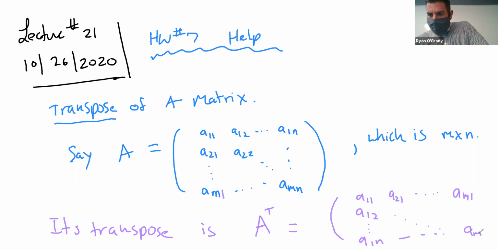So again, this definition looks overwhelming, but once we do an example, you'll say, okay, I get it.